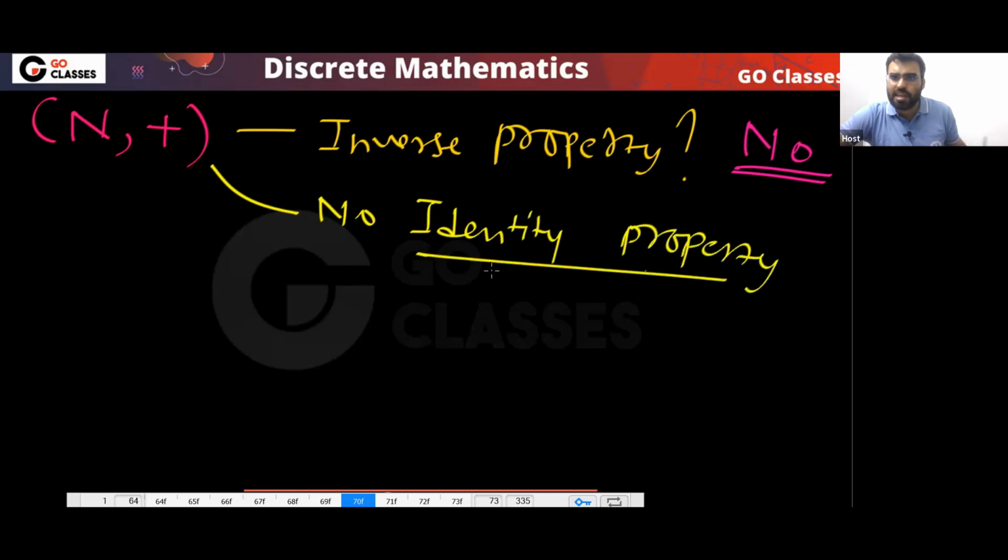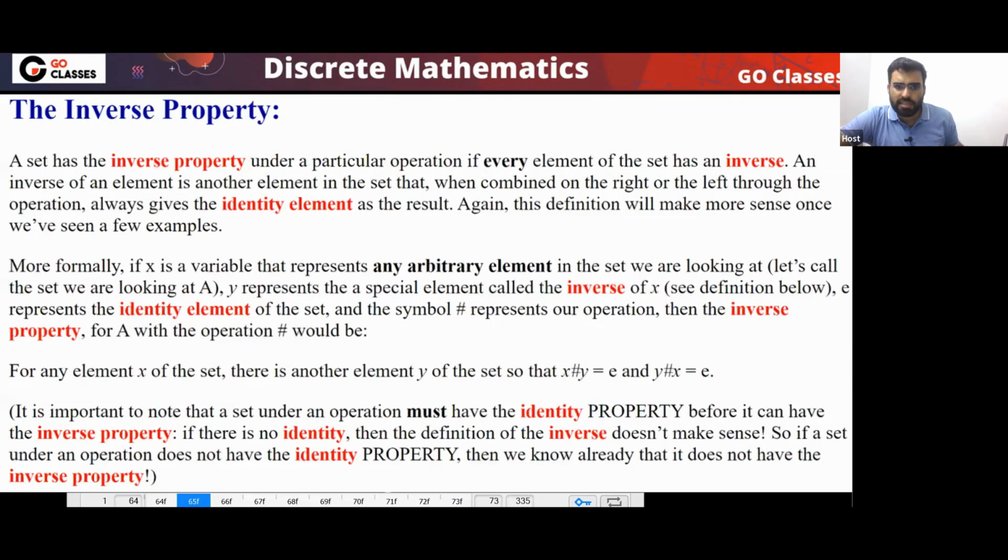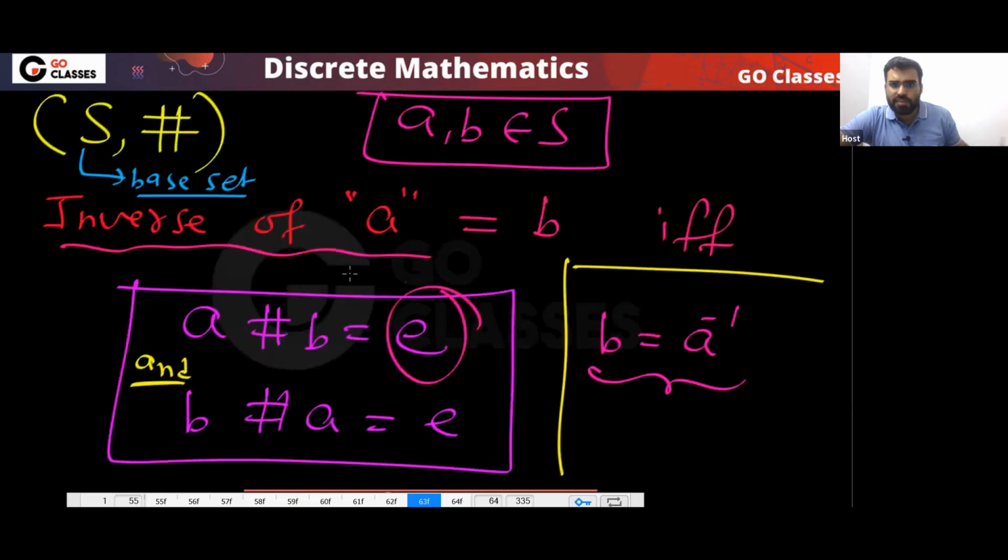If you don't have an identity element, you can't even define inverse. To define inverse, you need an identity element. Yes or no? In the definition of inverse, we need the identity element.